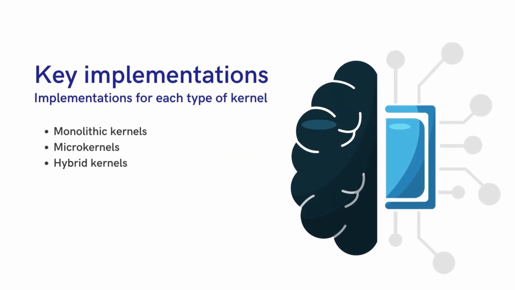Okay, I will now be explaining these key implementations of kernels. We have three types, right? We have the monolithic kernels, the microkernels, and the hybrid kernels. When I say monolithic kernels, I'm referring to, for example, the Linux kernel that was developed primarily by Linus Torvalds and a global community.